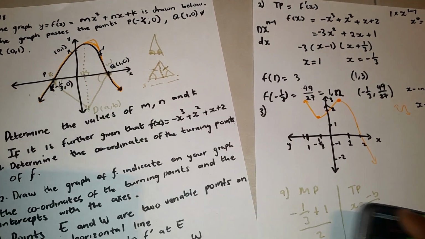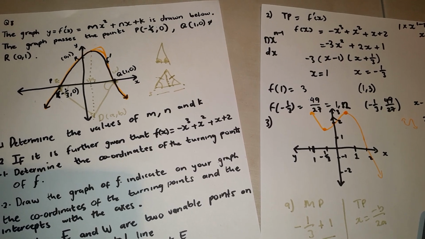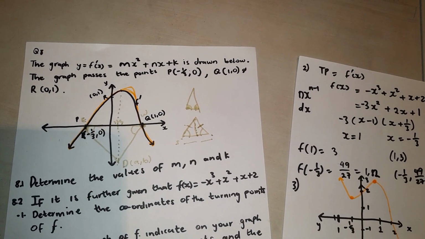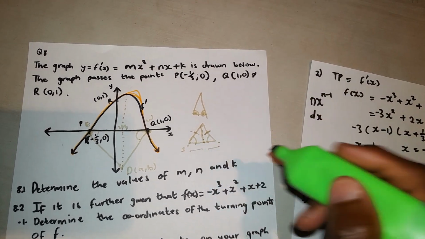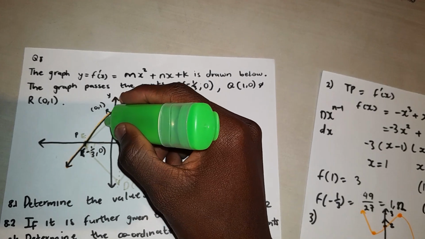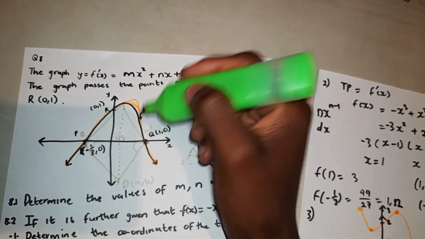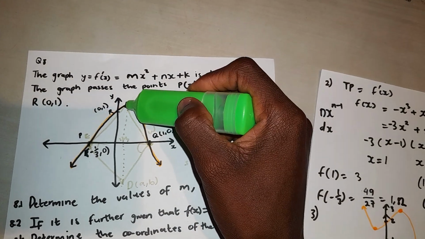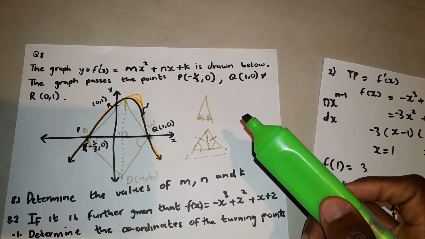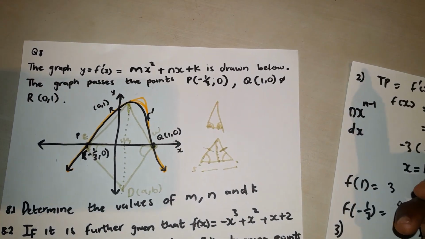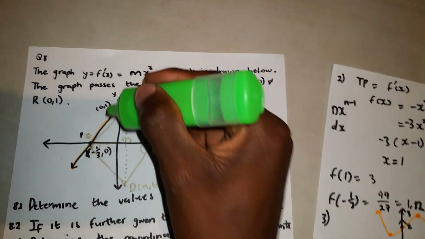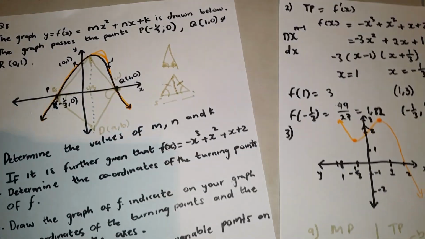We use the turning point because, since we know that E and W are variable points, the shape is going to be something like this, an isosceles triangle, and you can see that the tip, or the apex, is there at the turning point, even though I didn't draw it to scale. So that's why we use that, because it's going to take that x value of the turning point.